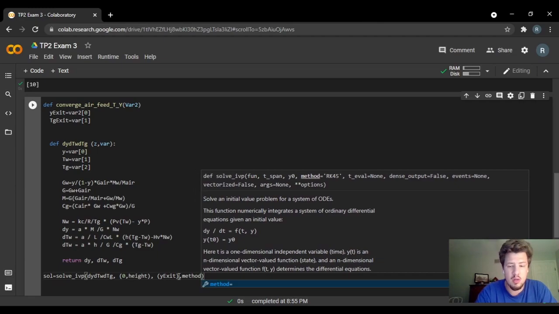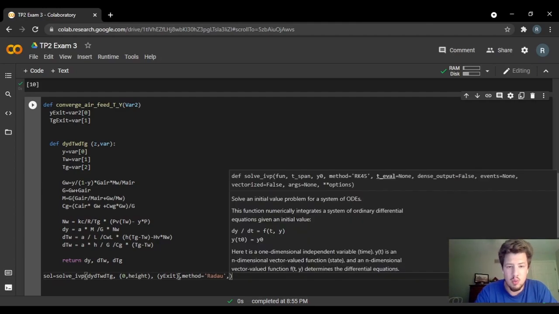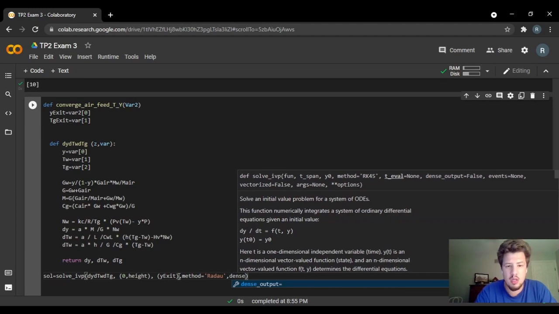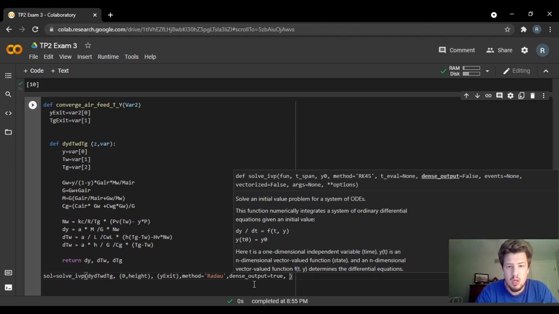I can't spell method. And then we want to put the dense output to be equal to true.